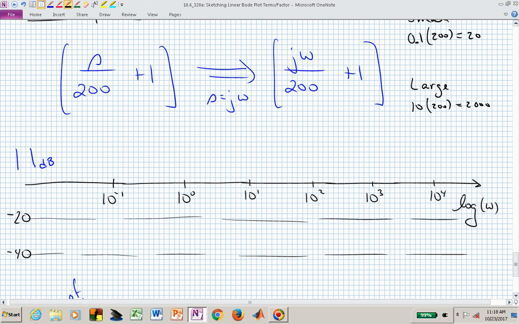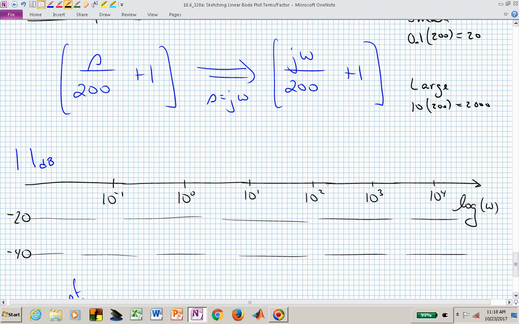For now, what do we know about the magnitude? Well, we know for omega less than 200, we're going to be just treating that as flat at 0 dB. And 200 now is bigger than 100. It's less than 1,000.